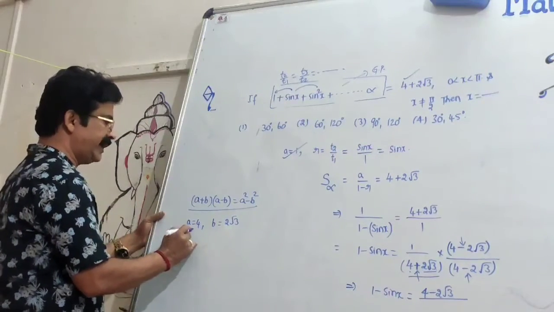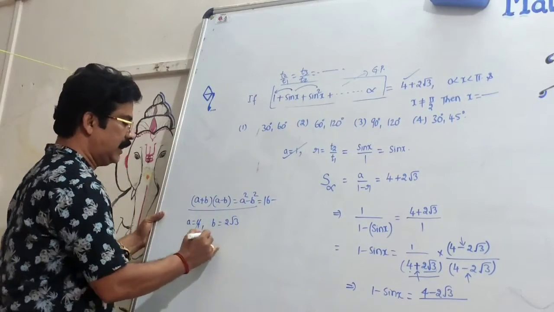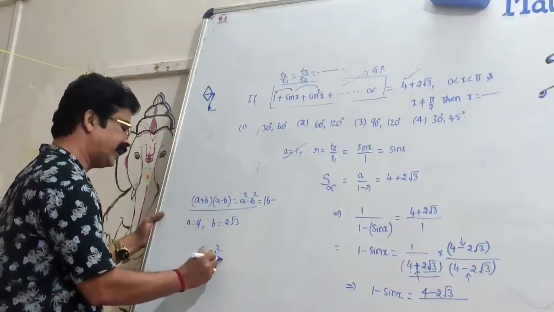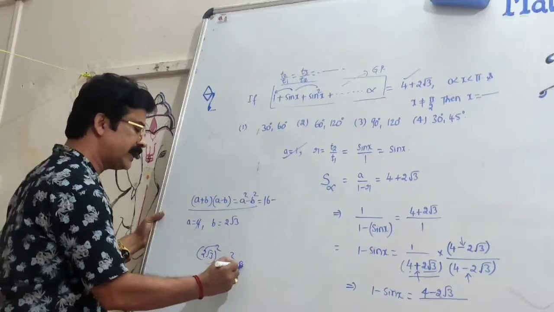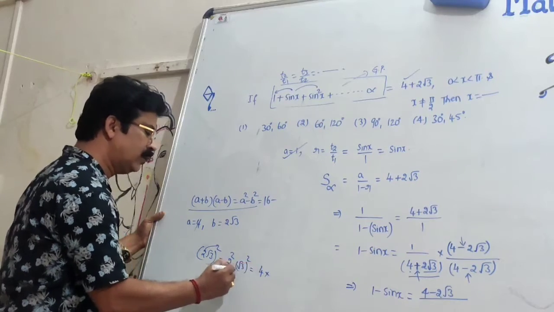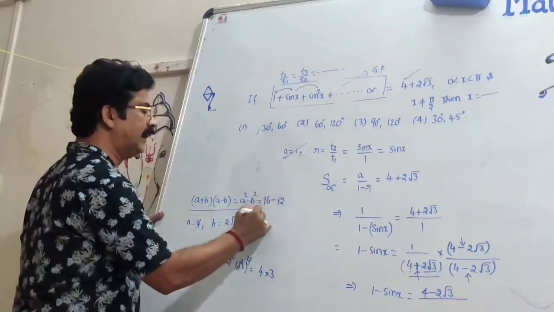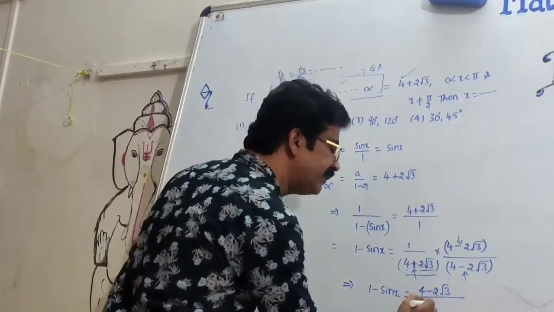So a square minus b square is 4 square, 16, minus (2 root 3) whole square. (2 root 3) whole square is equal to 2 square into (root 3) whole square. 2 square is 4, and root 3 square, the root cancels, is 3. So it is 12. That is 16 minus 12, equal to 4. So therefore the denominator value is 4.